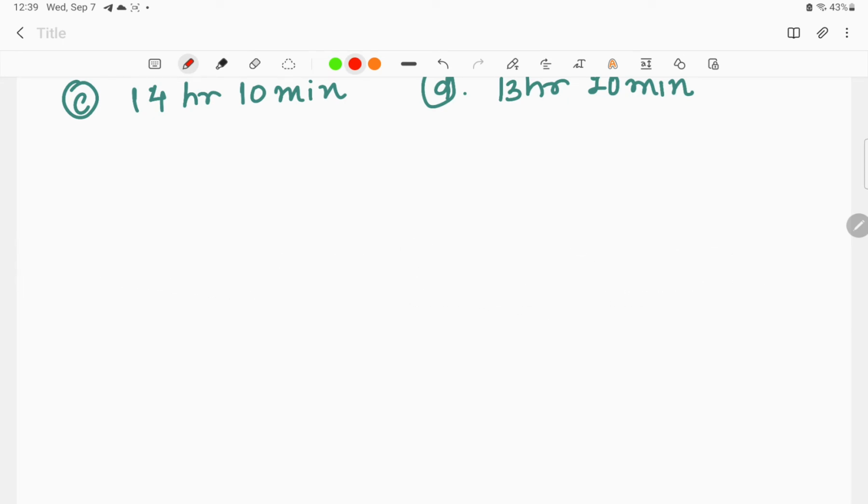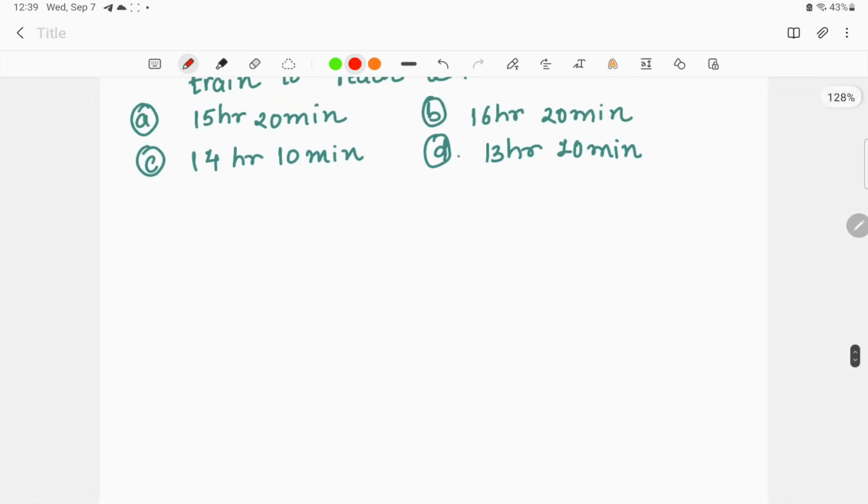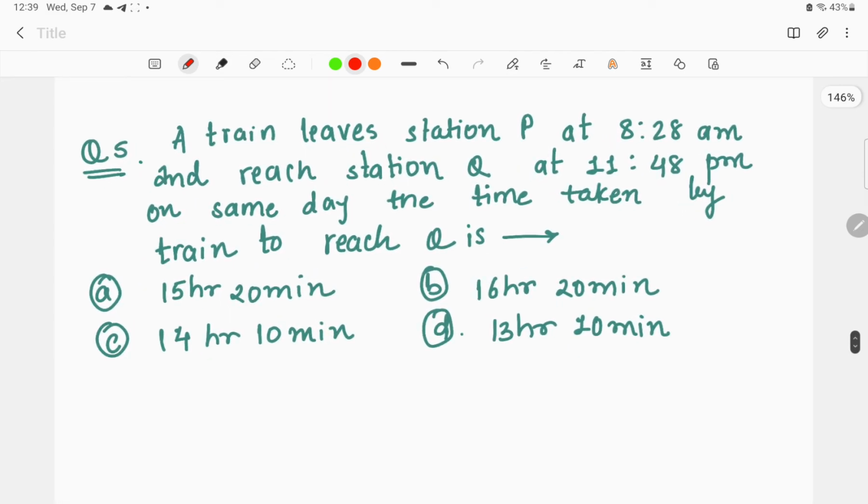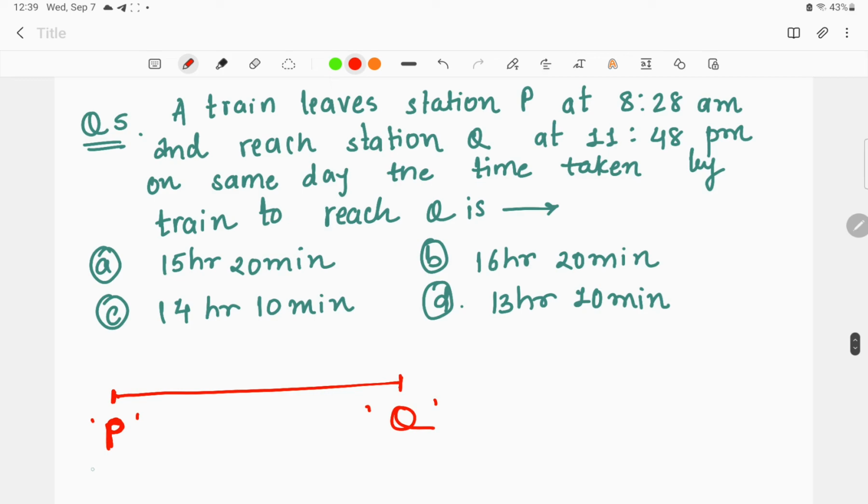The question that has been given to you is: a train leaves station P. The train started its journey from station P and it is reaching station Q. There are two stations, P and Q. The train started its journey from P at 8:28 a.m. And when it is reaching Q, the time is 11:48 p.m.